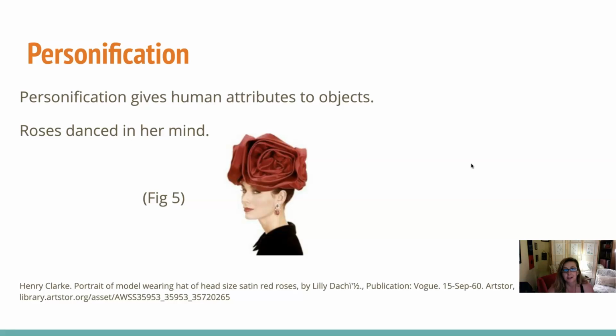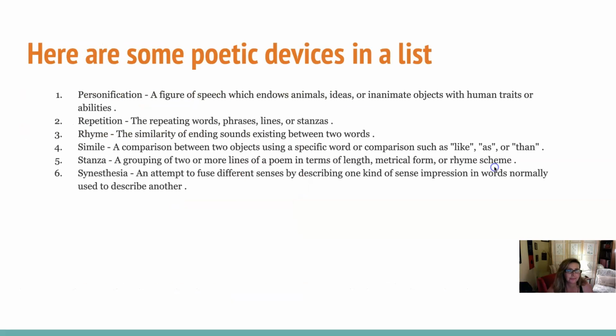Roses danced in her mind. So this was the closest picture I found to that, by the way. But roses don't literally dance because only humans can dance. So personification uses that type of imagery to show you what was going on inside someone's mind here in this example.